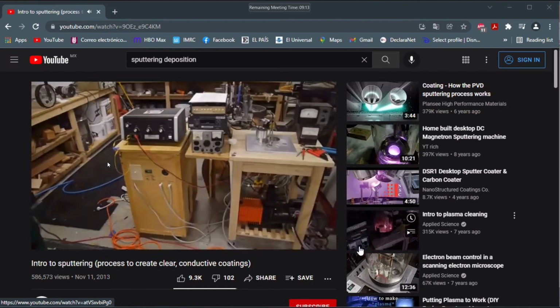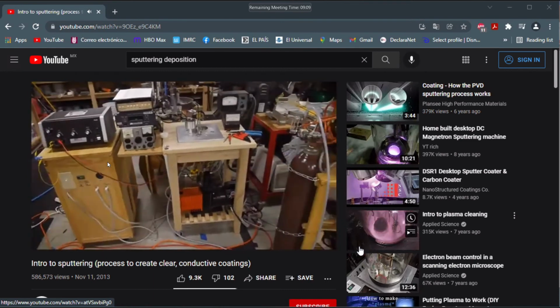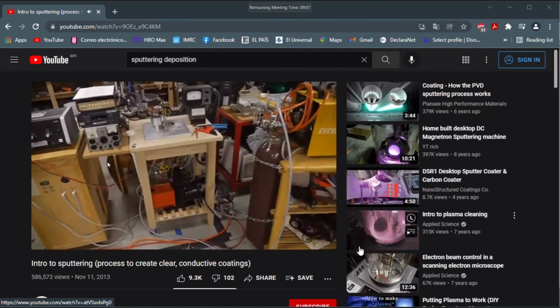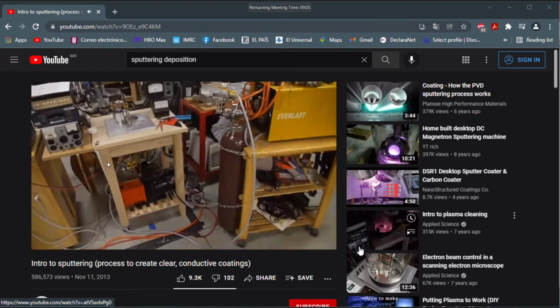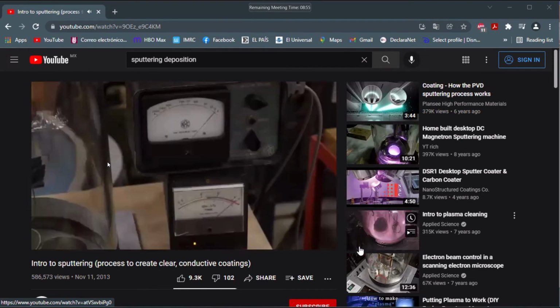The exact pressure at which this whole process works is very critical to determining the success of your coating. So if you have no gas molecules up here, obviously the process doesn't work at all because there's nothing to cause the sputtering. That's at a really, really high vacuum. At really, really poor vacuums, if you have tons and tons of gas molecules up here, it's true you'll certainly be able to slam them into the surface.